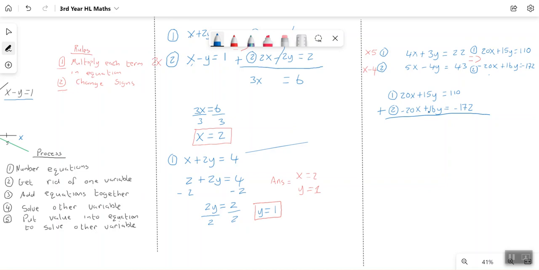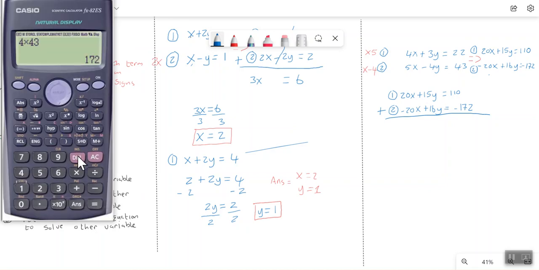Plus 15y plus 16y. So 15 plus 16 is equal to 31.